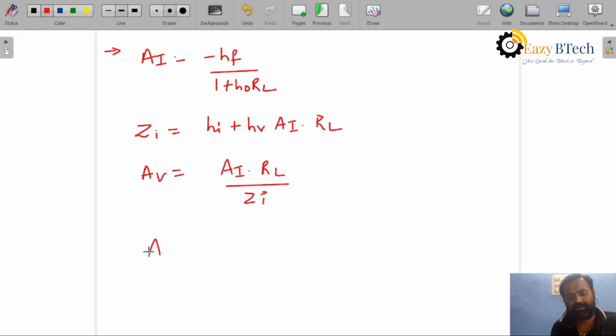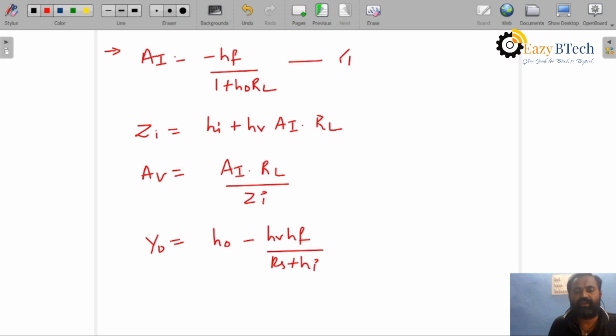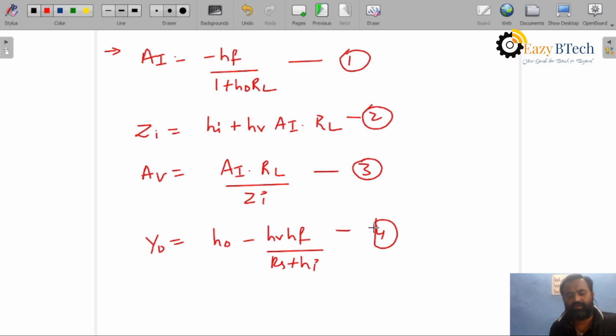Next, Y0 is H0 minus HR HF by Rs plus Hi. These are the four values. Okay students, these are the current gain, input impedance, voltage gain, and output admittance.